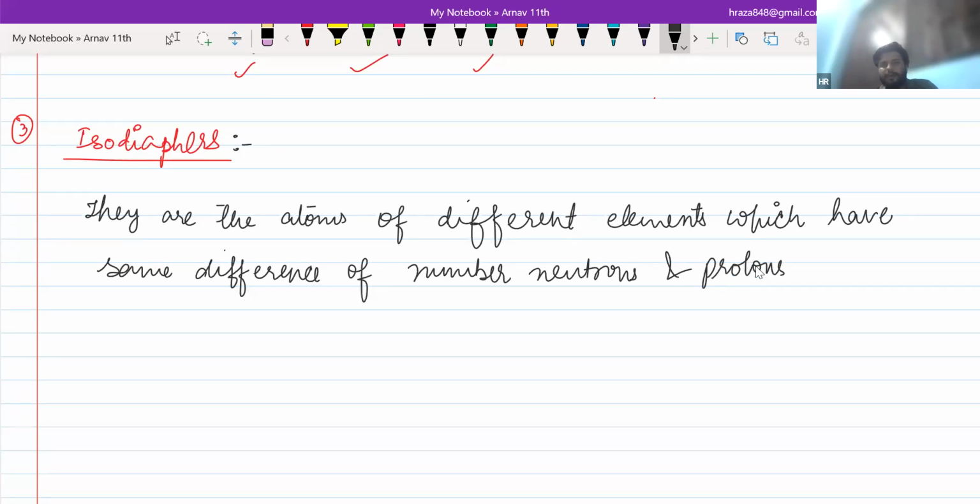So the elements which have the same difference of number of neutrons and protons are called isodiaphers.